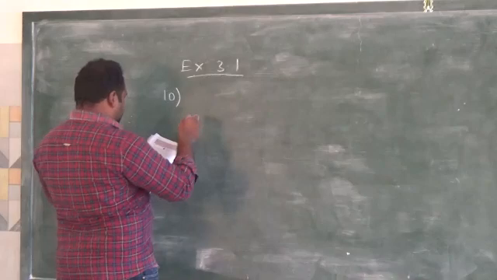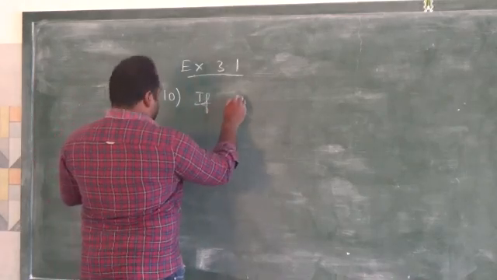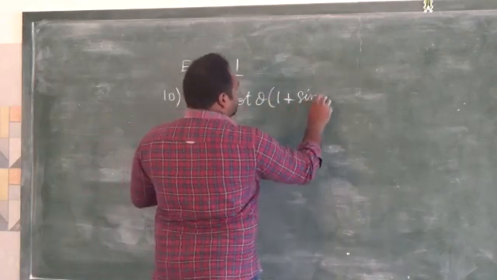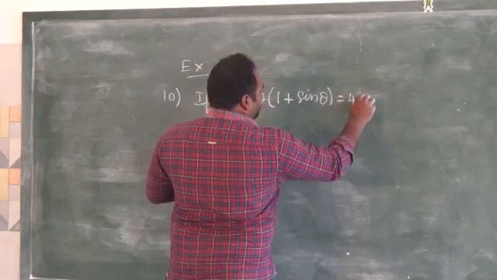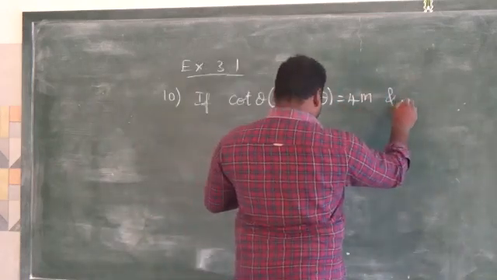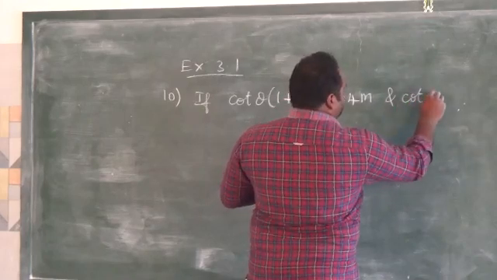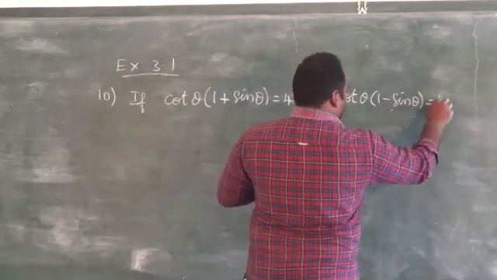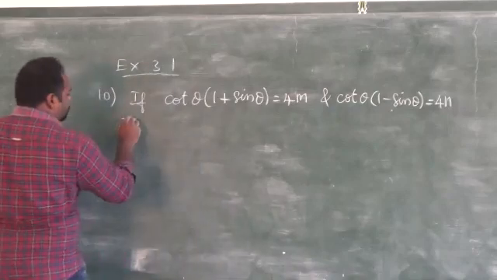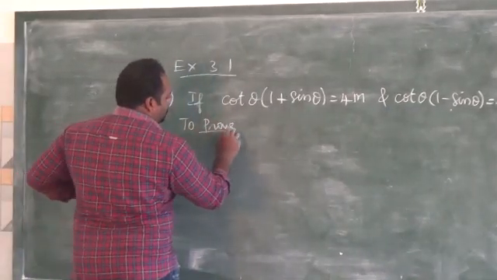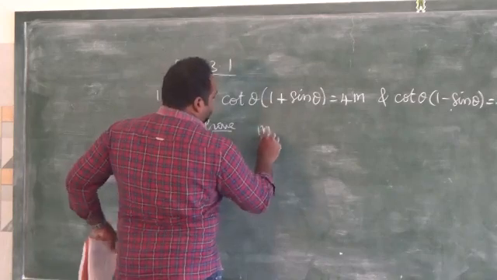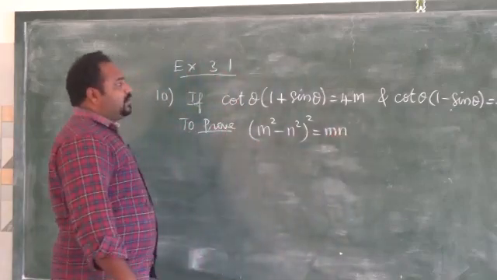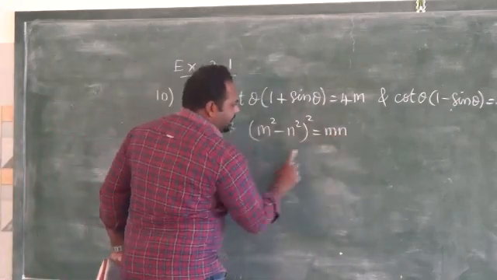Here the conditions are: if cot theta into 1 plus sin theta equals 4m, and cot theta into 1 minus sin theta equals 4n, to prove m square minus n square whole square equals mn. Okay, here we have to prove this statement.